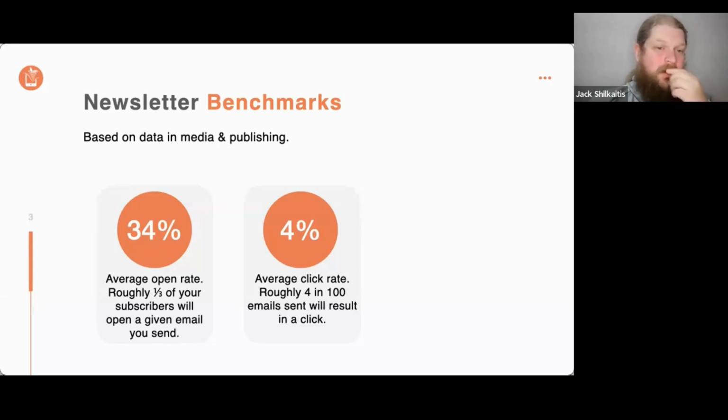Now, what this means, though, is that there's going to be 2/3 who didn't open that individual email. But if you send an email later, maybe the next week, and still include that same call to action, some of the folks who didn't open the last one are going to open this one, and they'll have an opportunity to click on it. So don't think of things as one and done when you put them into your newsletter.